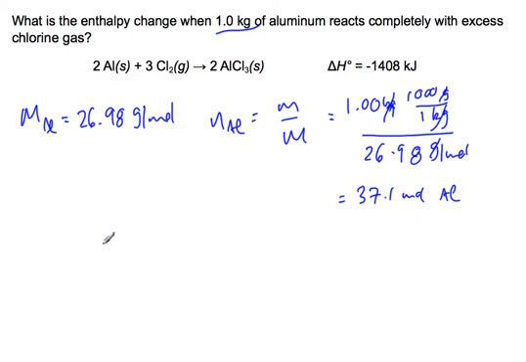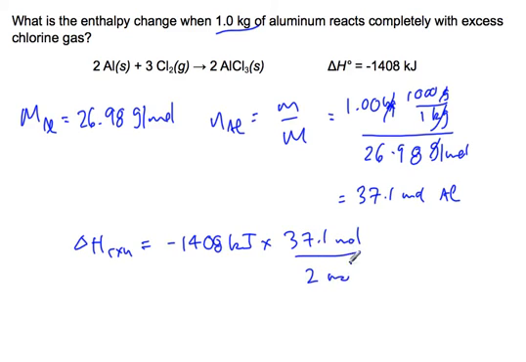Back to our calculation, we're looking for an enthalpy of reaction, and that equals our standard enthalpy of reaction multiplied by this ratio. Again, the molar amount of aluminum is much higher than the amount in the standard enthalpy of reaction equation, so it's going to be 37.1 moles divided by 2 moles.